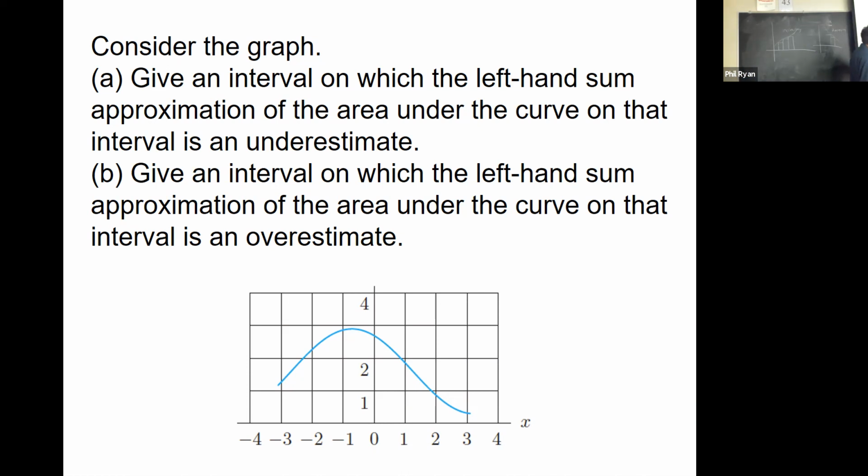So what's an interval here in which the function is increasing? Yeah. Right. And where will it be an overestimate, or where is it decreasing? Yeah, so 1 to 3 would give you an underestimate.